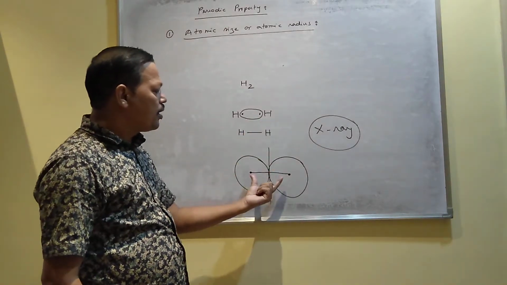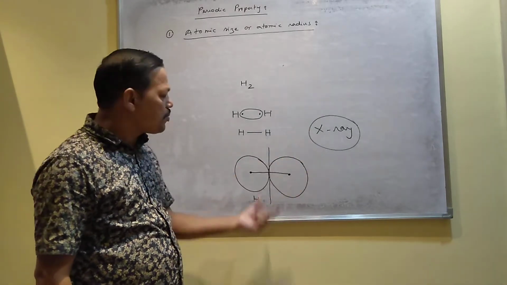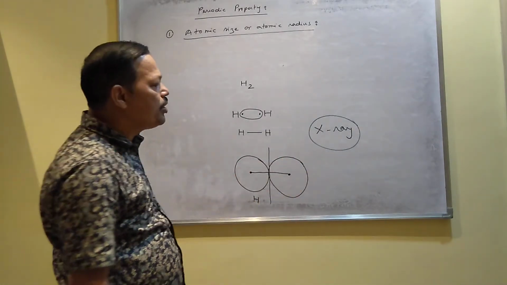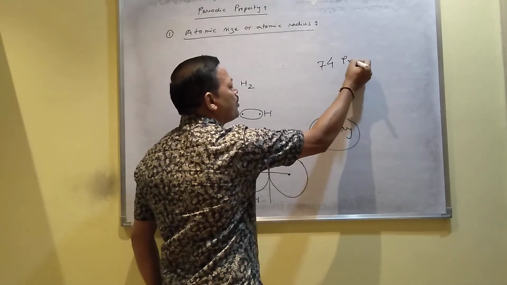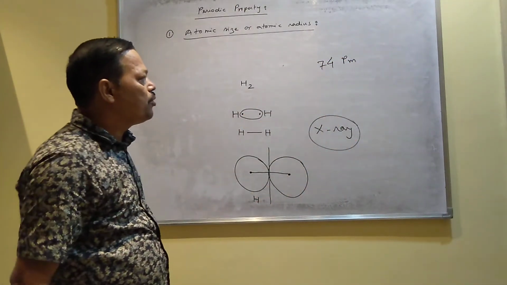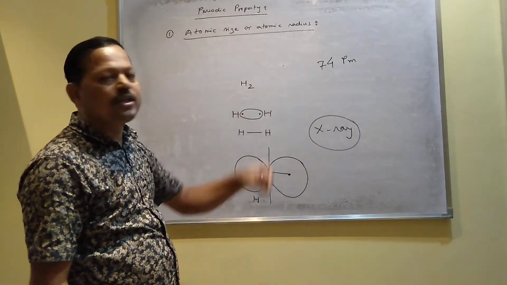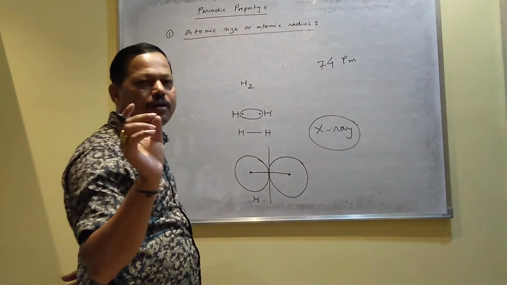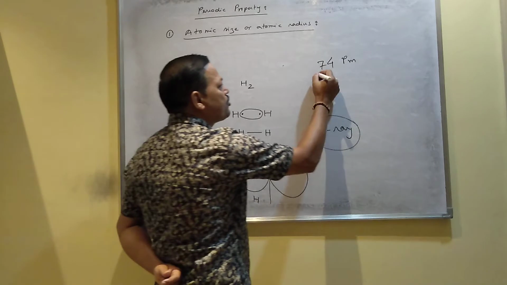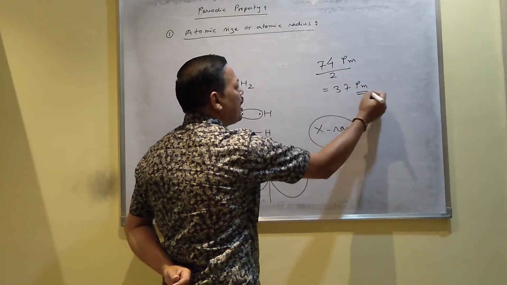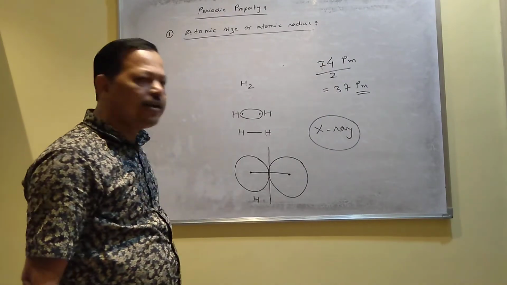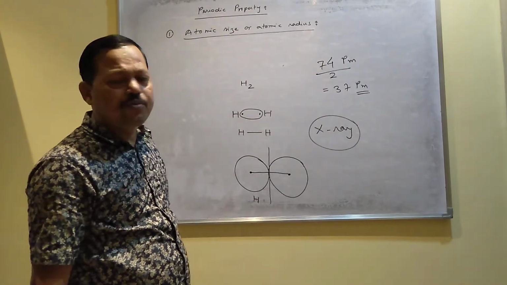For example, by doing X-ray it was found that in case of hydrogen molecule the bond length is 74 picometer. By doing X-ray it was found the length of the bond is 74 picometer. So what should be the radius of hydrogen? Just divide by 2, you will get 37 picometer. And this way you can find out the radius of one atom.